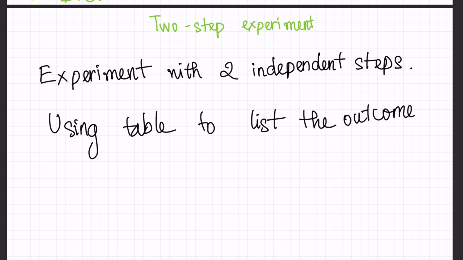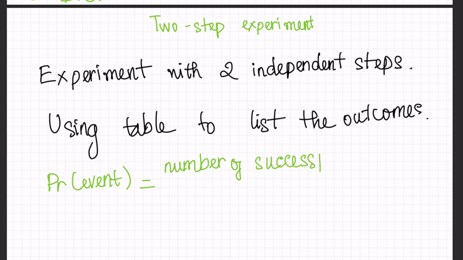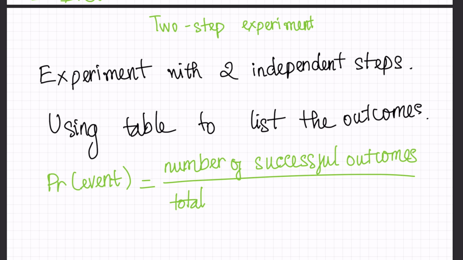So, revising the last lesson, we have that the probability of an event equals the number of successful outcomes over the total number of possible outcomes.